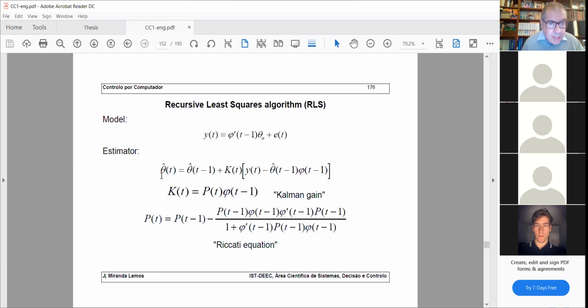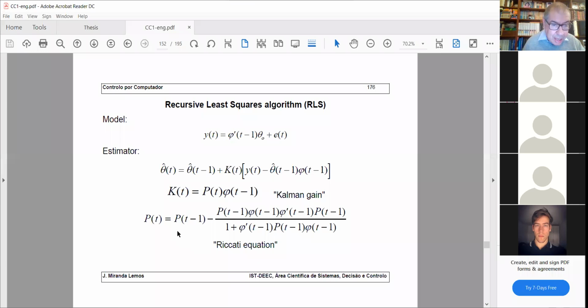So theta, the estimate at time t, becomes closer and closer to the estimate at time t minus 1. Okay. Now, P is decreasing because your data is informative. If the data is not informative, then probably you are just adding information along some directions of the space of parameters.